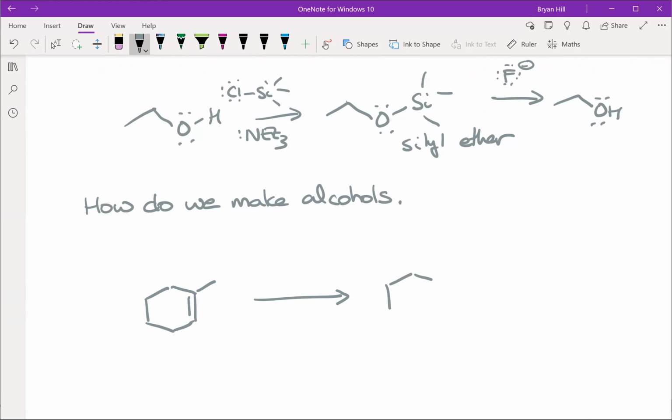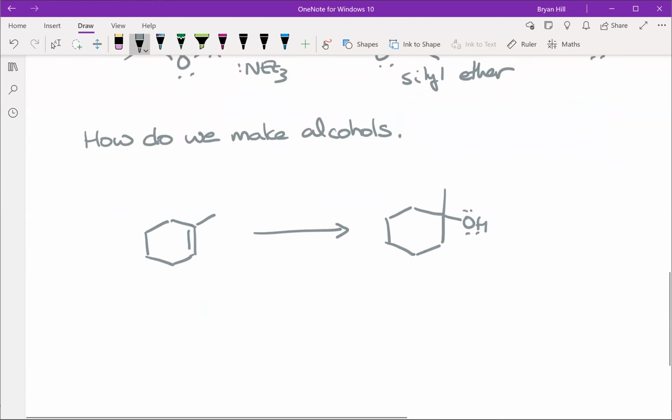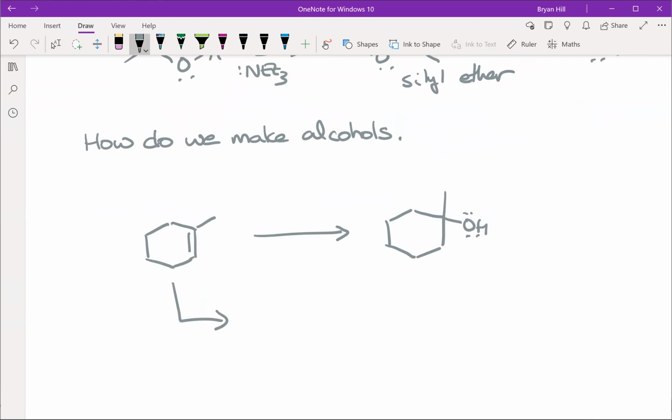There's two different ways you could do this, I suppose. This would be one, and this would be the other. Technically you're adding water, put that in brackets. H goes on one carbon, the hydroxyl group goes on the other.